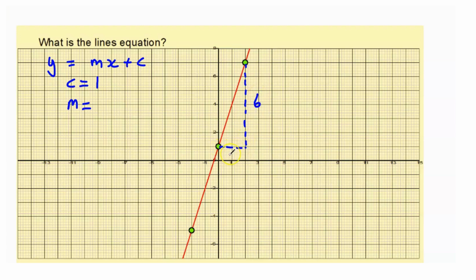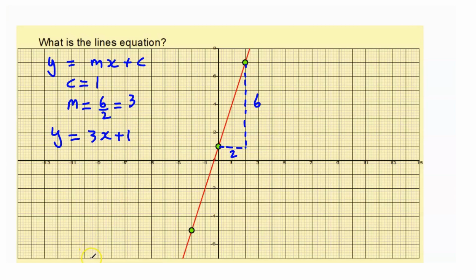And the change in x there is just, let's see, 1, 2 units. So the gradient then is 6 over 2, which is the change in y over x. And that's going to give us 3. So we can write the equation then. Y is equal to m, which is 3, and then c is 1, so it's 3x plus 1.